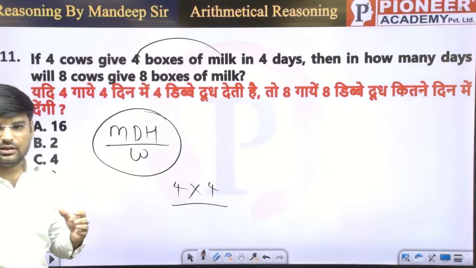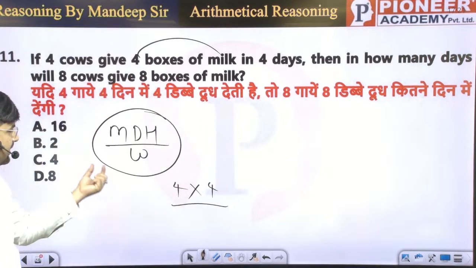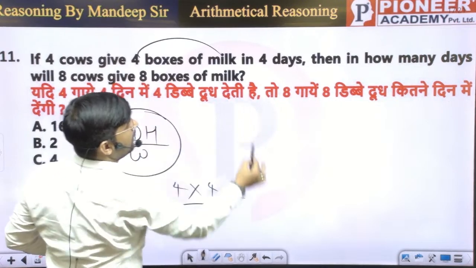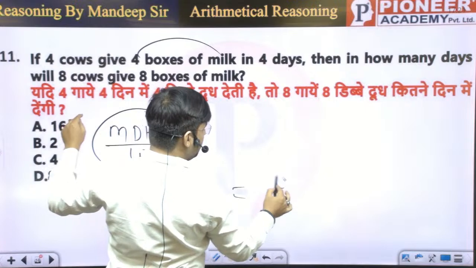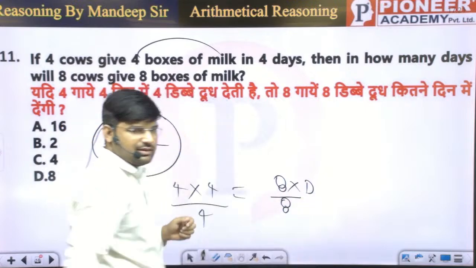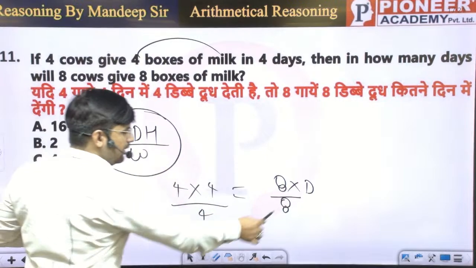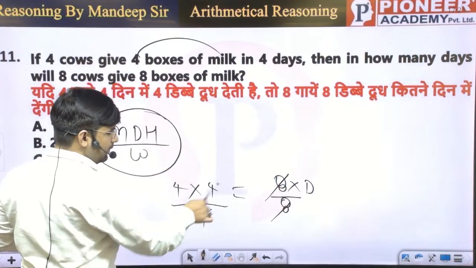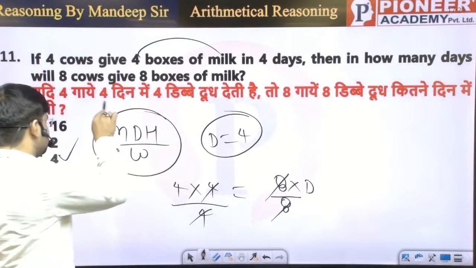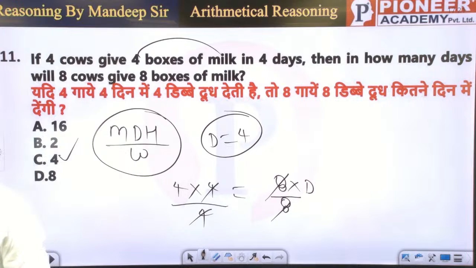It's work, and work is always in the lower part. 4 equal to 8 cows, 8 boxes of milk. How many days? Let's assume D days. So D equal to 4. 4 is the correct answer. Clear? Are you getting my point?